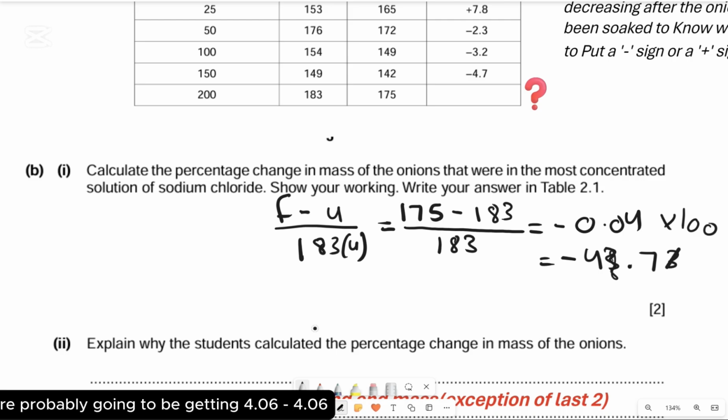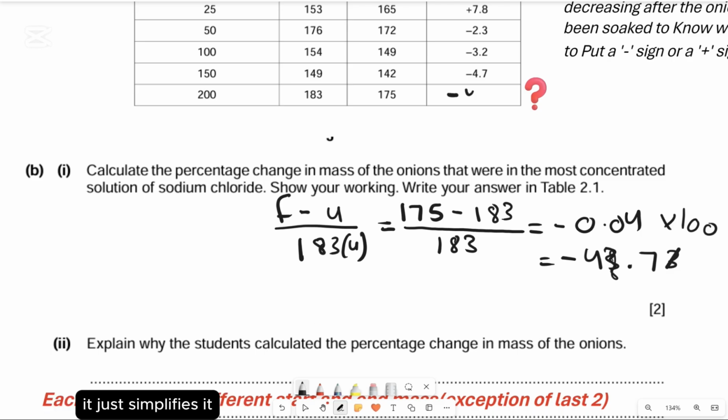You're probably going to be getting minus 4.06, so that would also be correct, but rounding it off to minus 4.7 just simplifies it. So that's the answer, and it's right. So you will get 2 marks for this.